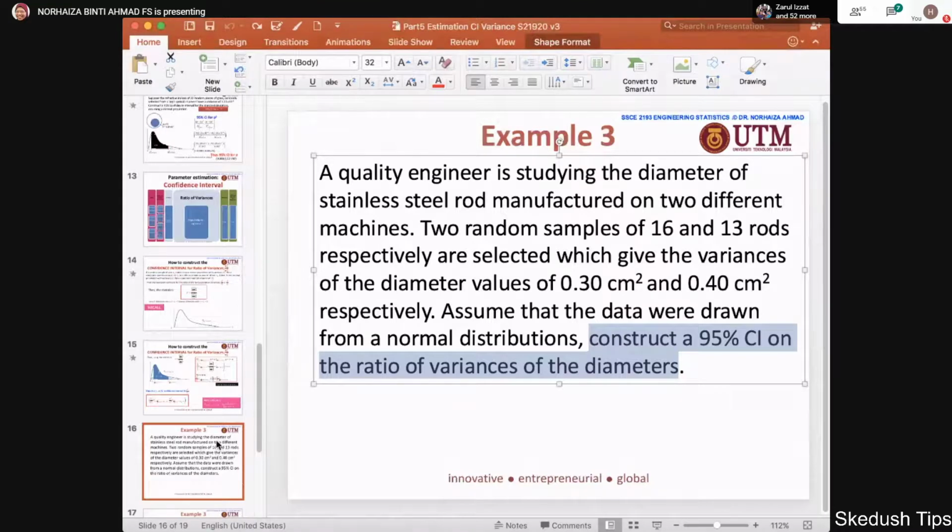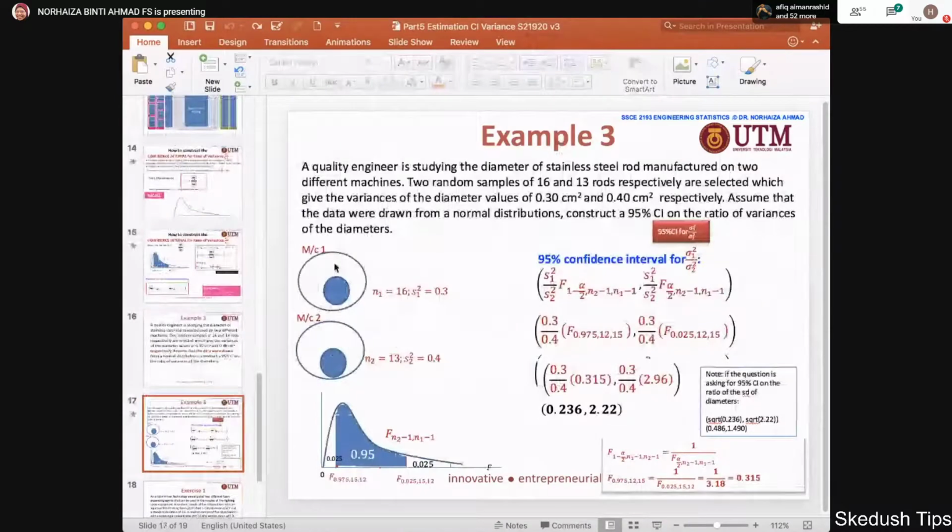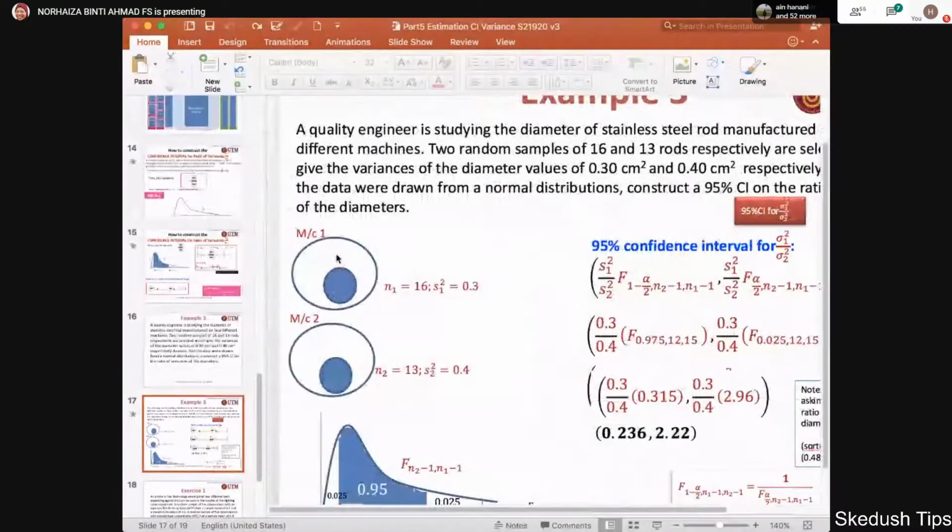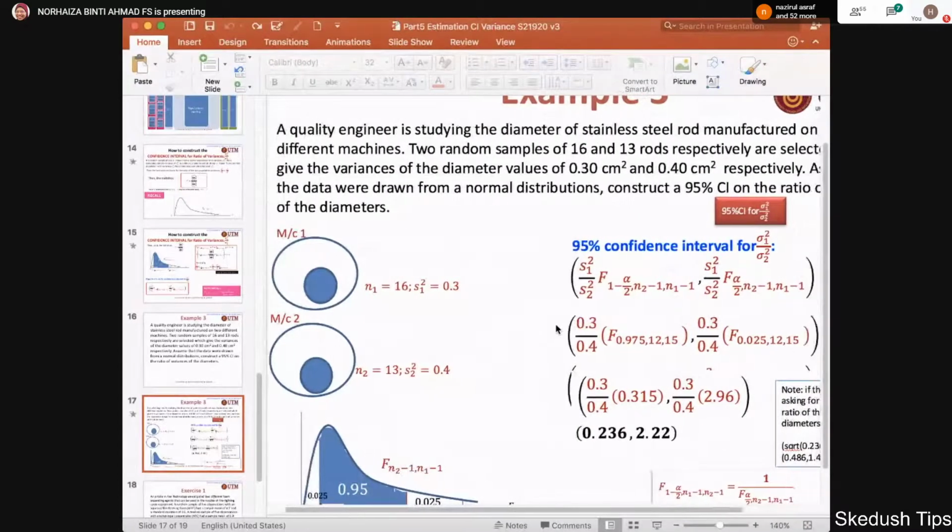If you look at the information given, this is the information for the population of machine 1 and machine 2, each with its sample information. So we have 16 and 0.3, and 13 and 0.4.